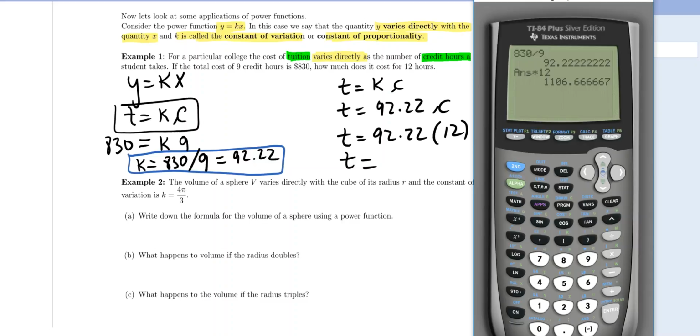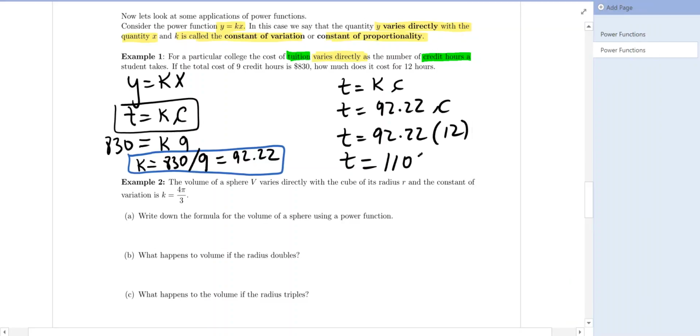So 1106. Okay, so this is how much it will cost to take 12 hours at this community college.